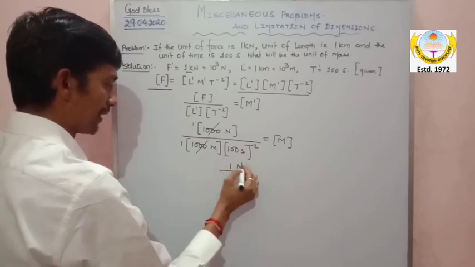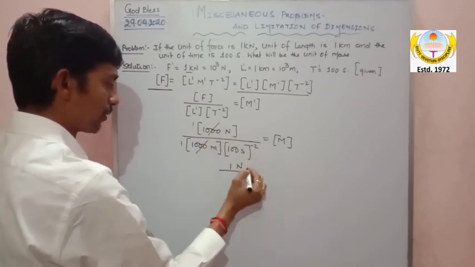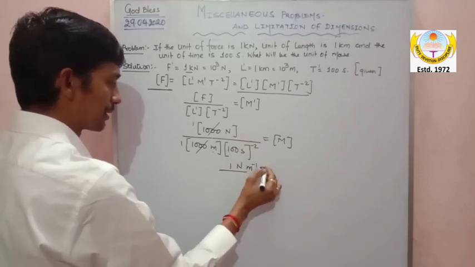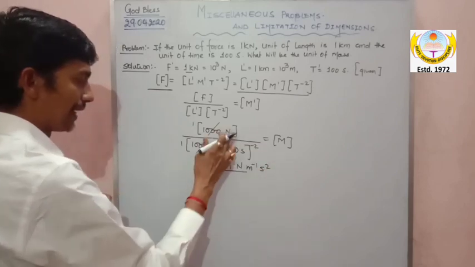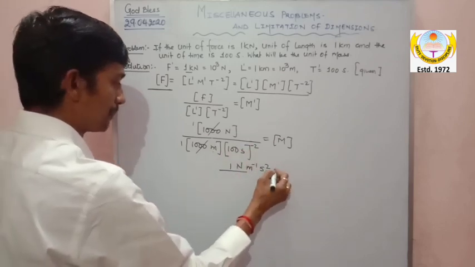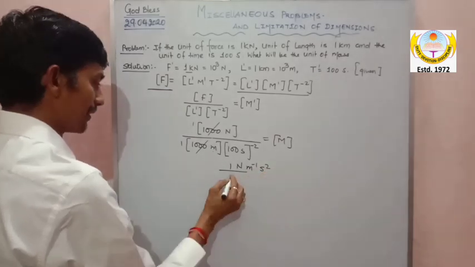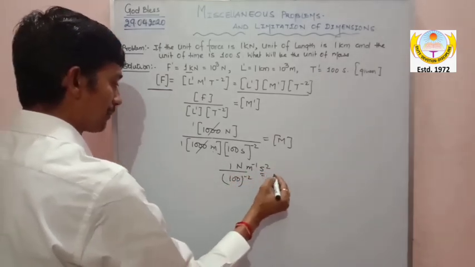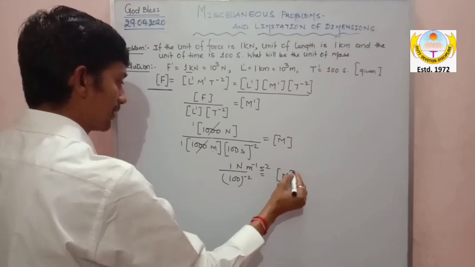So this can be written as Newton, and this M will go up, meter power minus 1, and this S will also go up, becoming S power 2. Am I clear? And here it is 100 power minus 2, my dear. I hope it is clear.